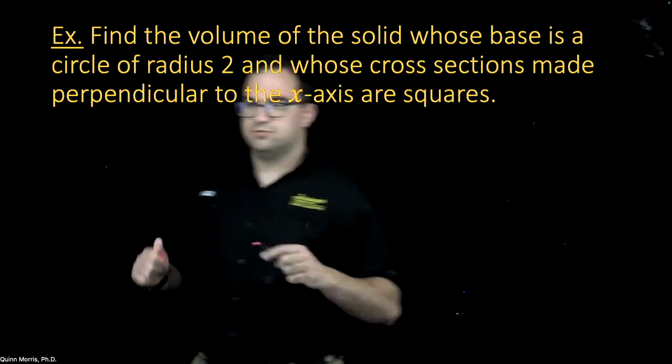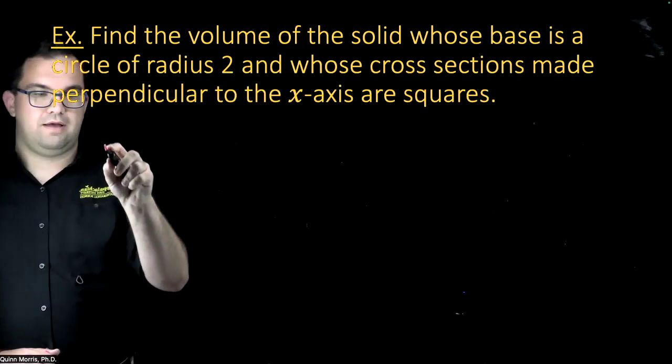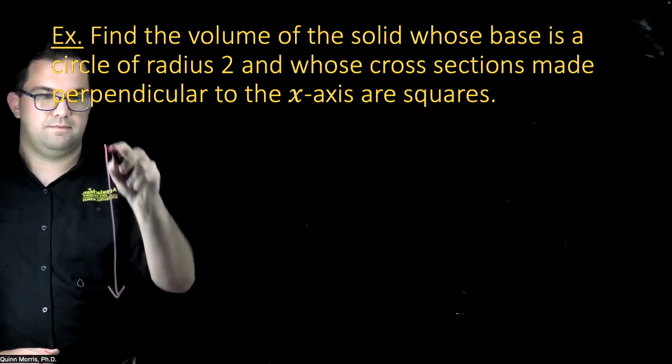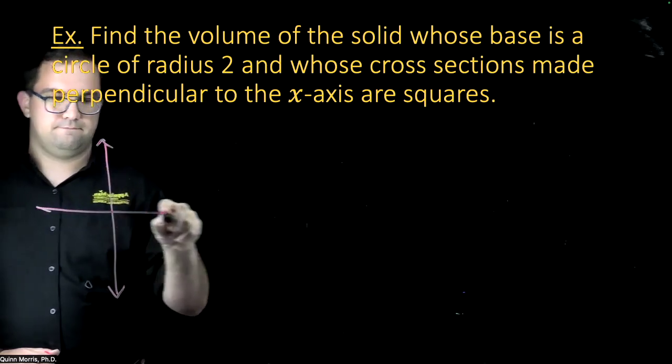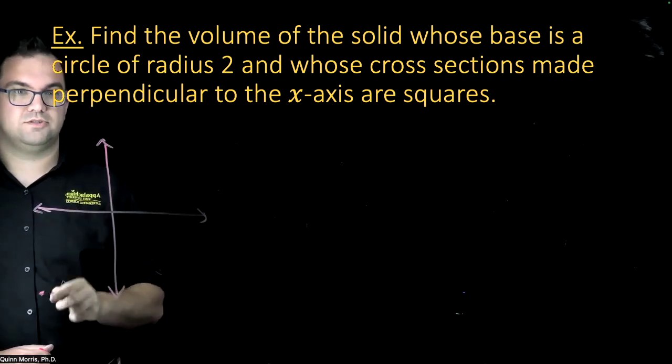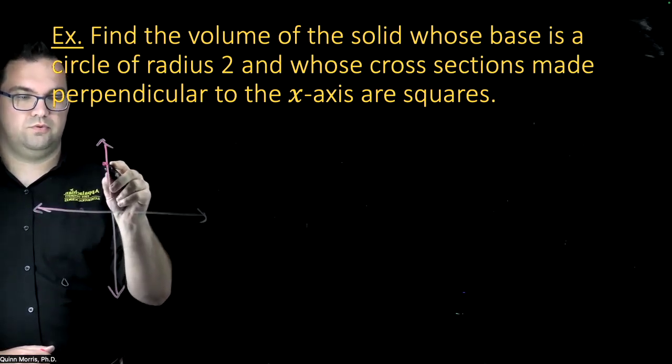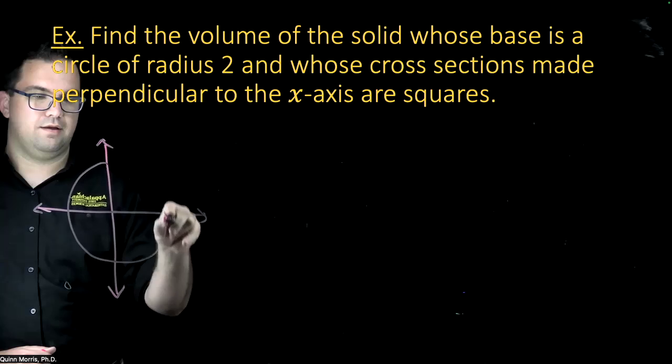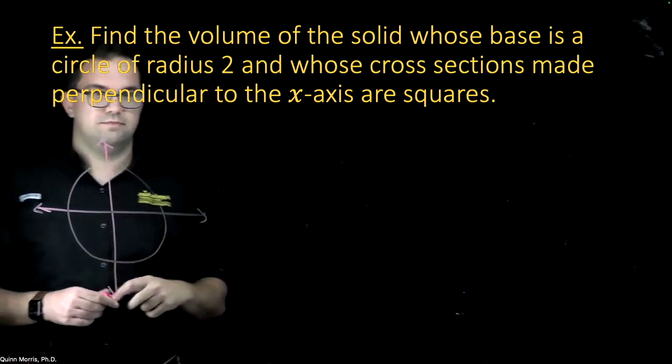All right, so again, as we've done before, we'll want to start by visualizing our base. Okay. And again, it's just a circle of radius 2. I guess I didn't say it here, I intend for that to be centered at the origin.